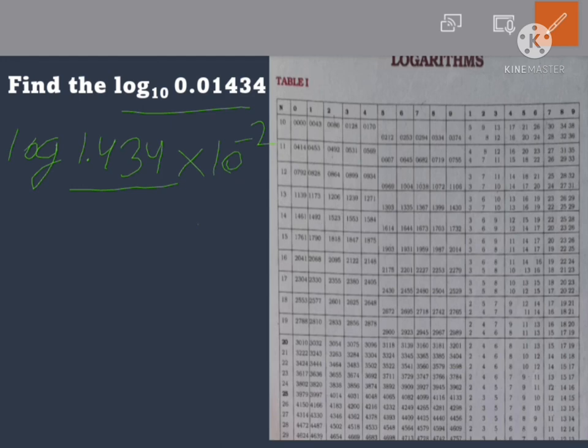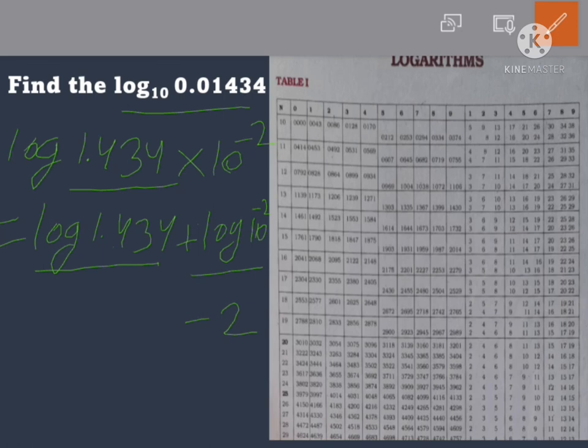So by applying the law of logarithm, I will get log of 1.434 plus log of 10 raised to the power minus 2. So I will find the value for log from the log table, and for this I know that it is minus 2. So let's find the value for this log using the log table.